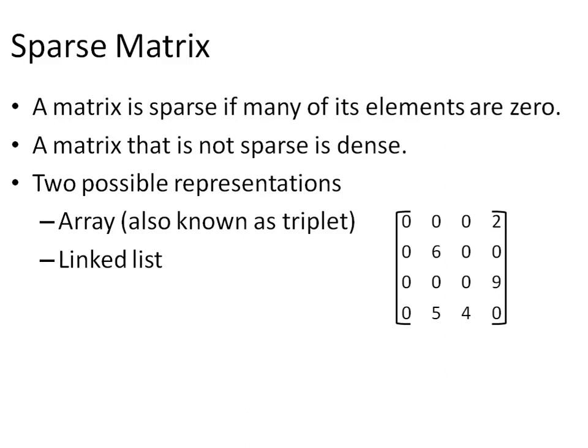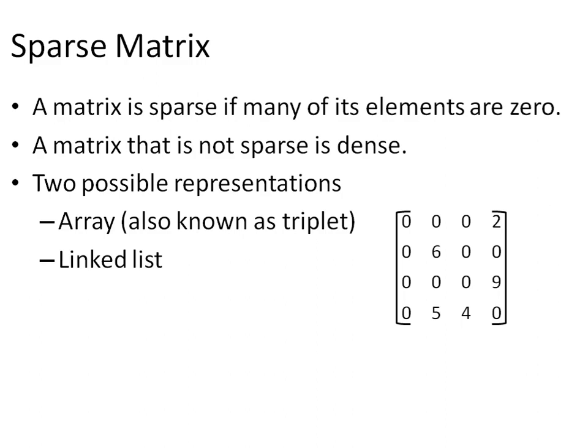A sparse matrix is one which has a small number of non-zero elements, but they do not follow any pattern. For example, the matrix shown here has only 5 non-zero elements out of 16 possible entries.